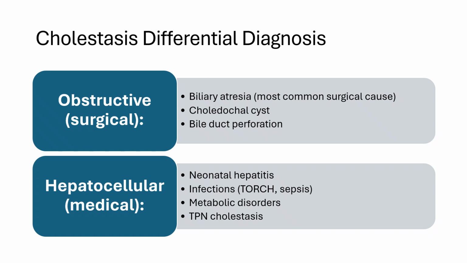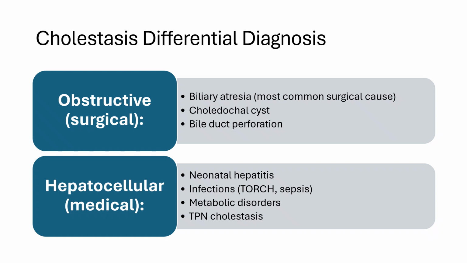Metabolic disorders present with characteristic features. Galactosemia causes hepatocellular injury after milk feeding begins, with reducing substances present in urine. Tyrosinemia produces elevated succinylacetone levels and a distinctive odor. Alpha-1 antitrypsin deficiency affects 1 in 2,000 infants and requires specific testing for diagnosis.